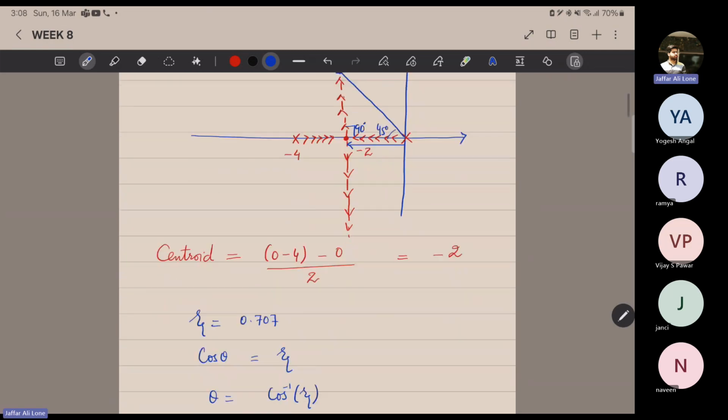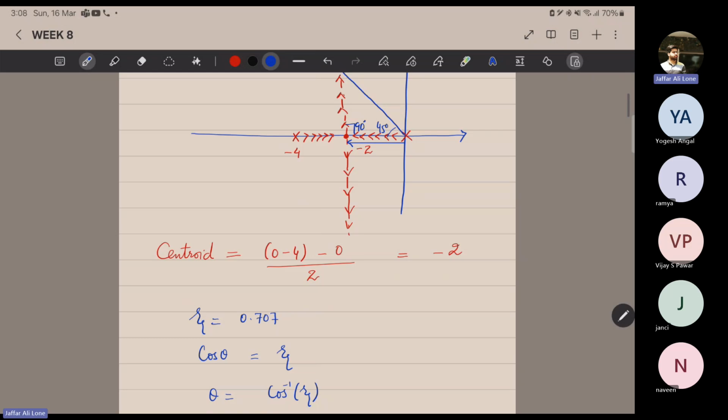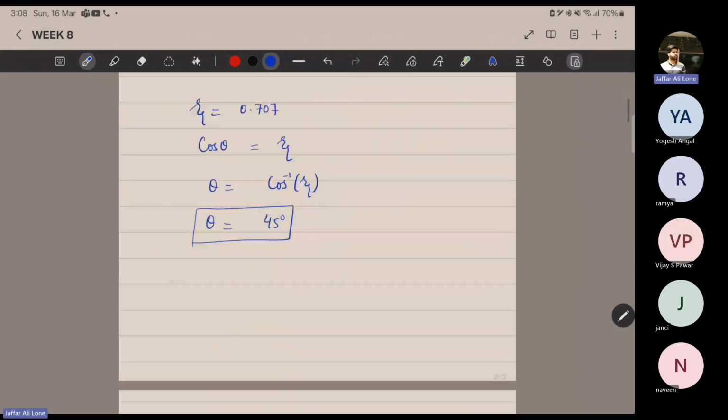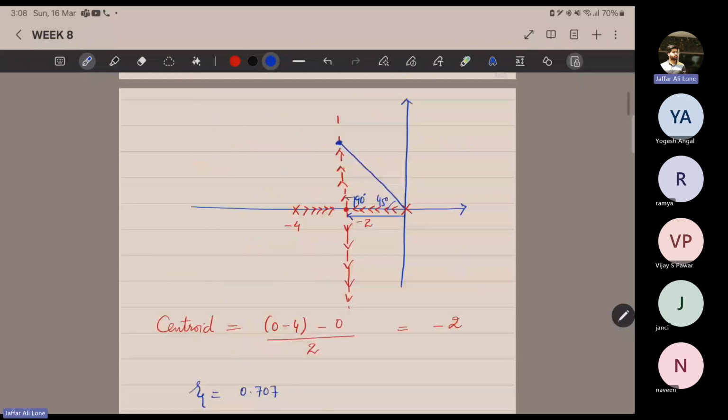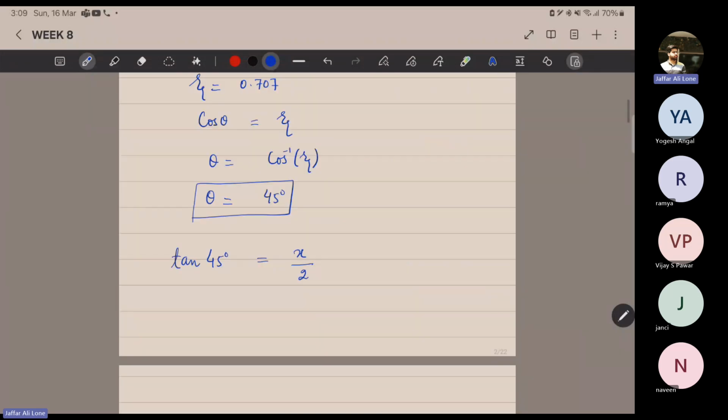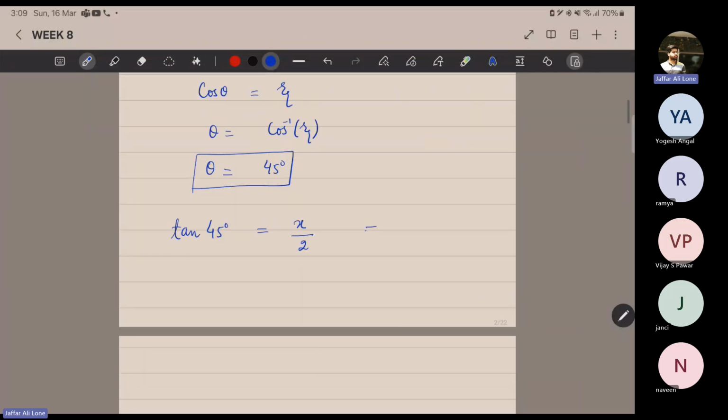So if we write tan of 45 degrees, what will be tan of theta? That will be this. Let's assume this is x. It's x by 2, right? And tan of 45 degrees is 1, which implies x is equal to 2.